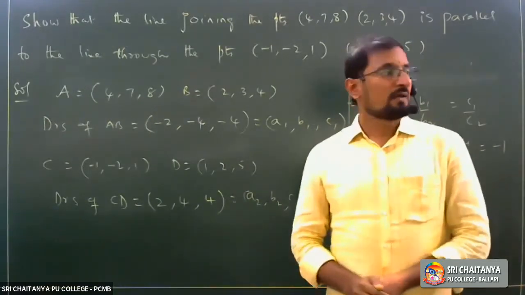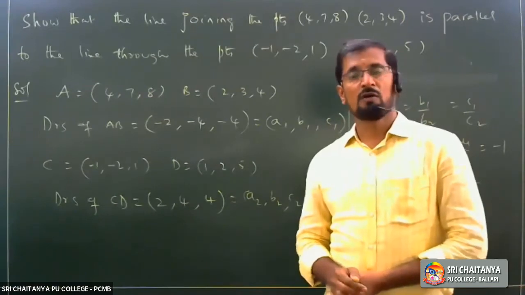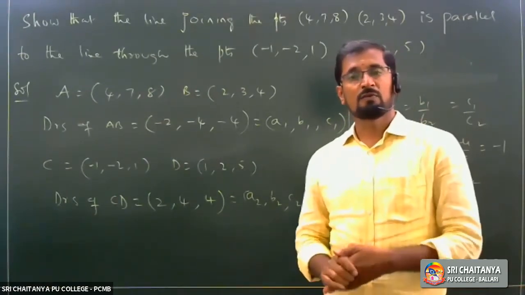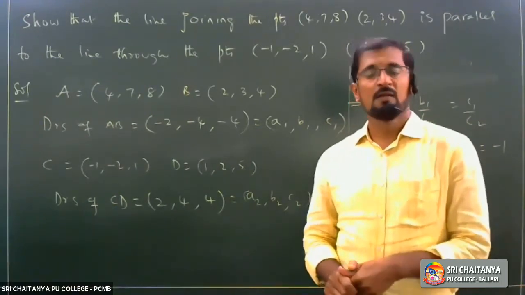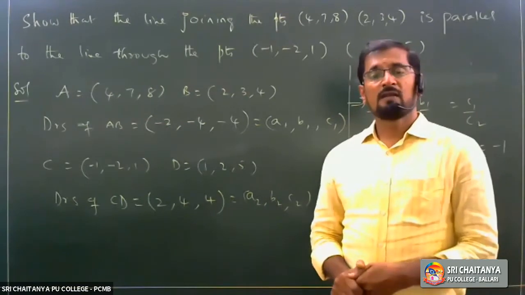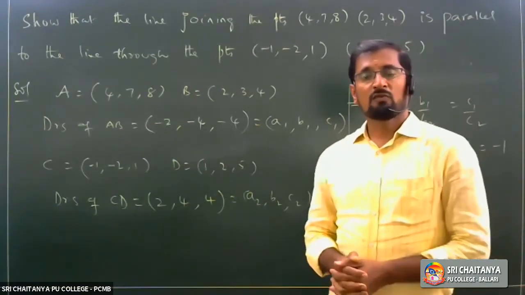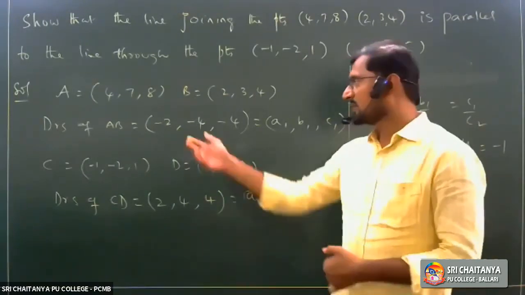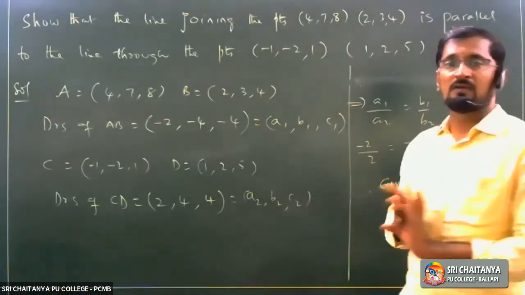So first, find the direction ratios of line segment AB by considering the first 2 points as capital A and capital B. Then find the DRs of AB using the formula x2 minus x1, y2 minus y1, z2 minus z1, which is equal to a1, b1, c1, right?